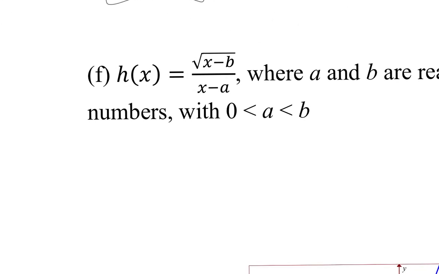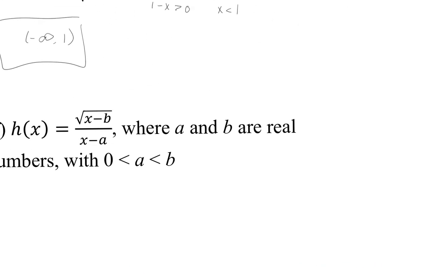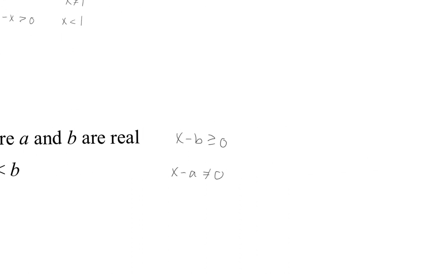Then moving on to the last one, we know that x minus b is greater than or equal to 0, and x minus a cannot be 0. So we know that x is greater than or equal to b, and x cannot be a.